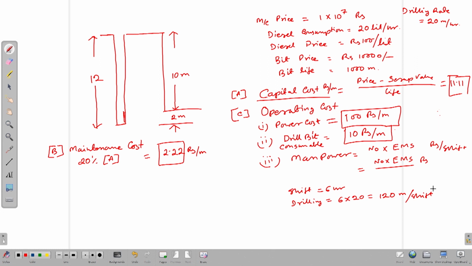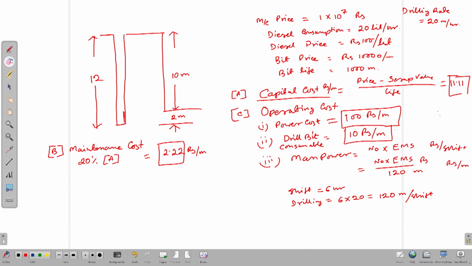So, we will convert this shift into meter by dividing by 120 meter. So, it will become rupees per meter.